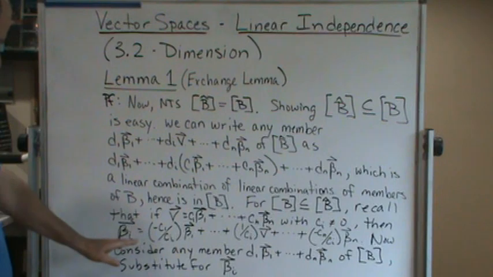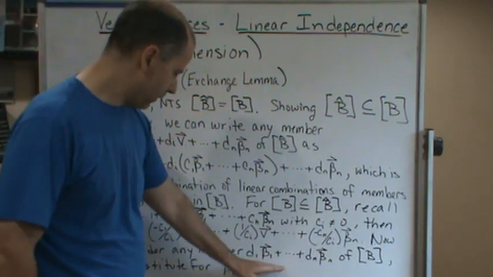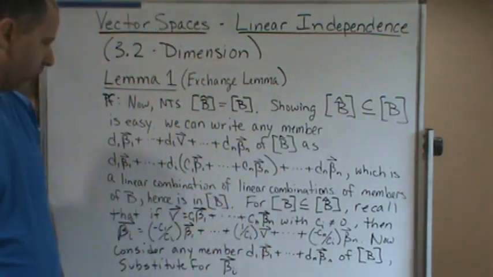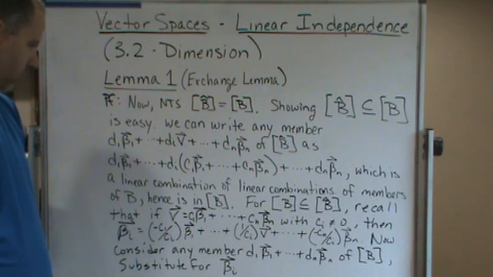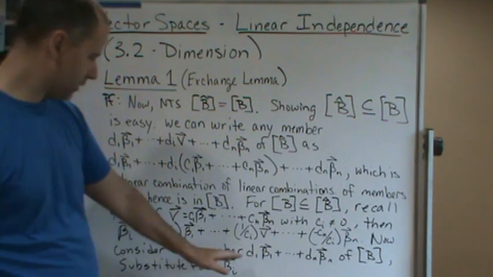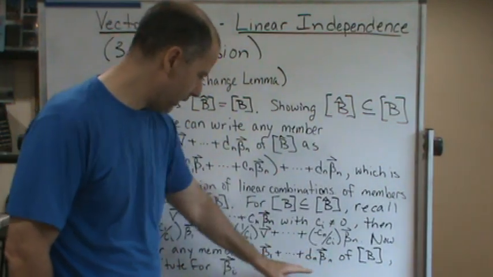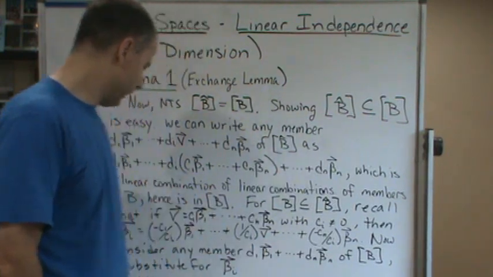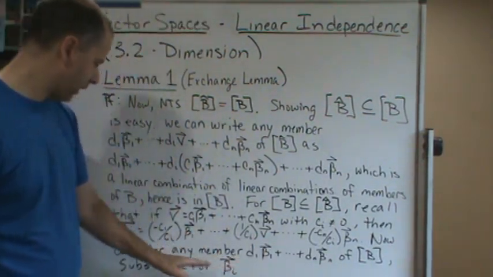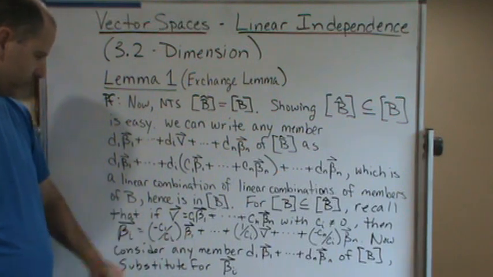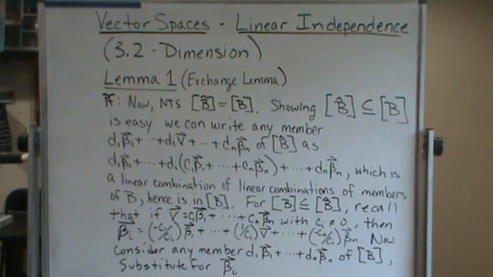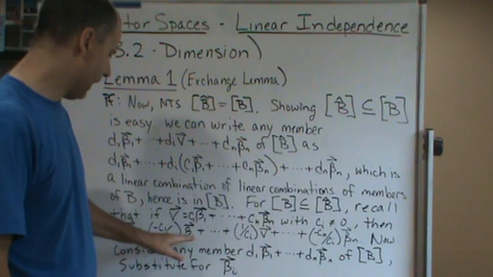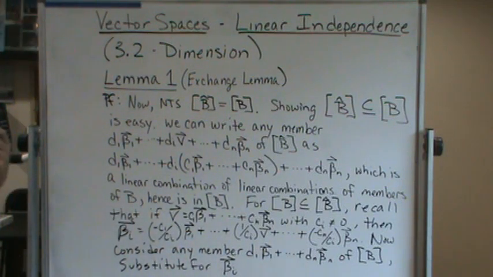And now consider any member of the span of B. So here's the d sub i, any linear combination, right? So in the span of B, we can now substitute in up here for beta sub i. Okay, and so what happens? When we do that, we get what? We get a linear combination of linear combinations, just like before.